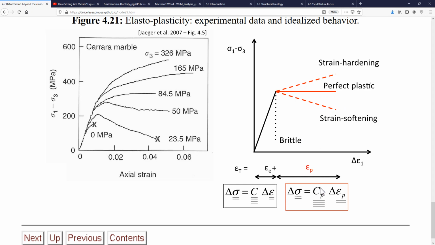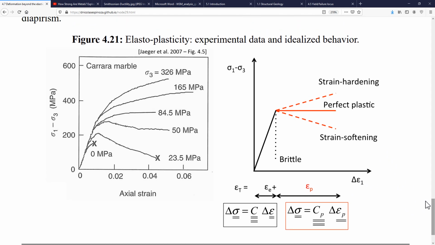And in order to calculate those plastic strains, you will need a model for that, and you will need this additional plastic strain stiffness matrix. Okay, coming back to practice and to the physics of failure of rocks, this transition from brittle to ductile is going to depend on several variables.